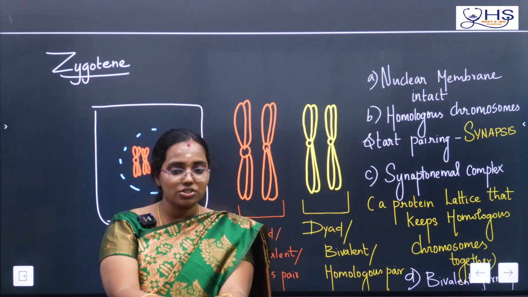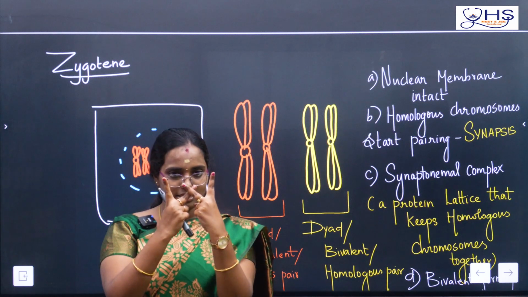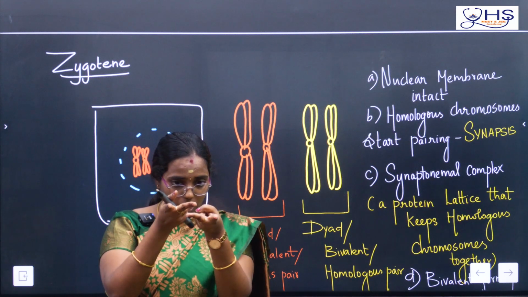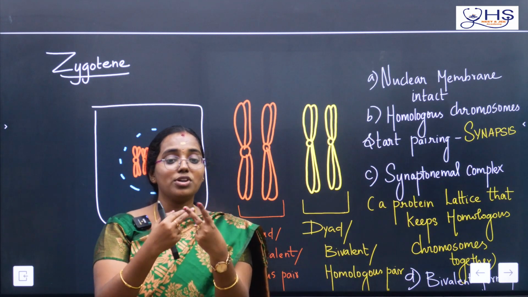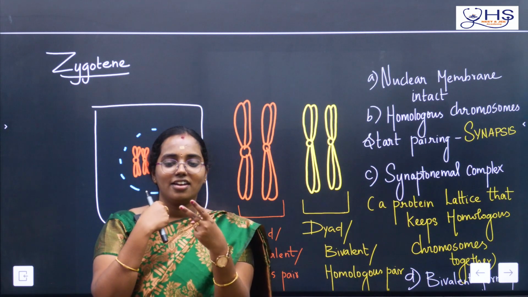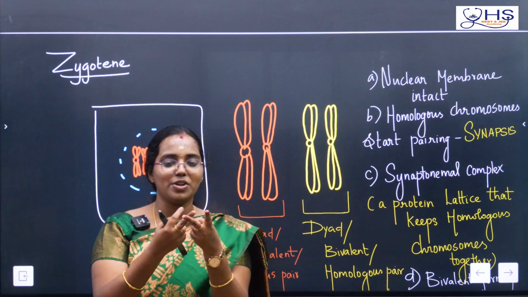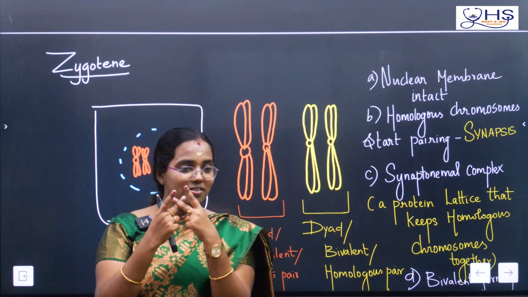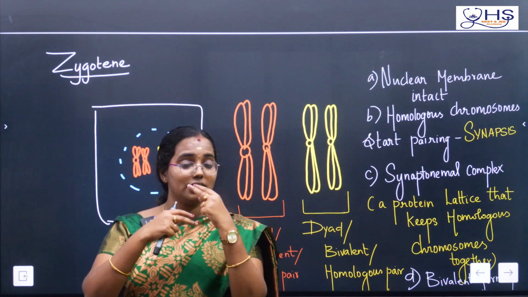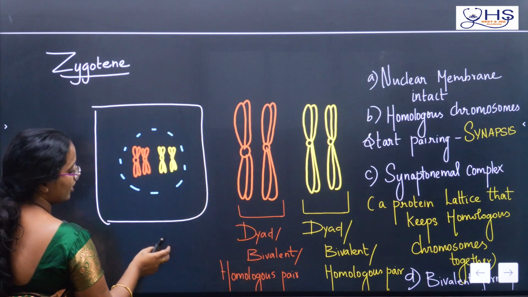Actually they started to exchange the material, but in case of zygotene it will look like this, but if you see from below, actually there is no crossing over, only the synaptonemal complex is there, the lie Preetha Shri told running between both the chromosomes, but these chromosomes are not paired. They didn't exchange any information, there is no shuffling.